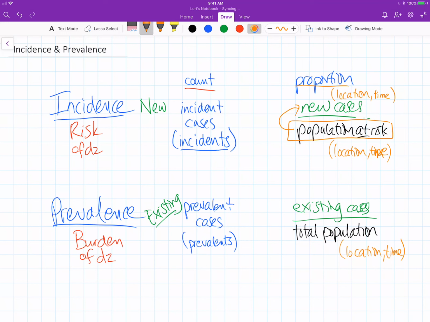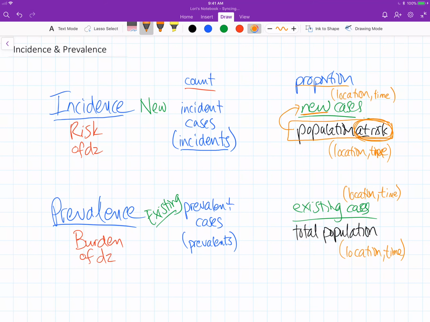Prevalence is usually expressed as point prevalence, so on January 1st of a specific year. It can be period prevalence, but we'll stick right now with point prevalence because it's more common. And the existing cases would be in the same location and at that same defined time. So existing cases over the total population versus new cases divided by only the population at risk. And so our denominators are different and our numerators are different.